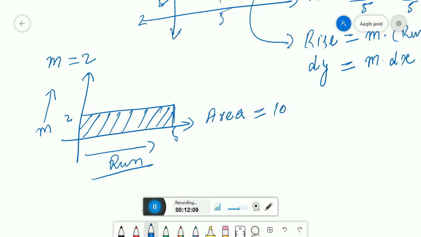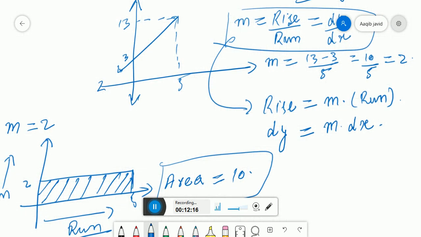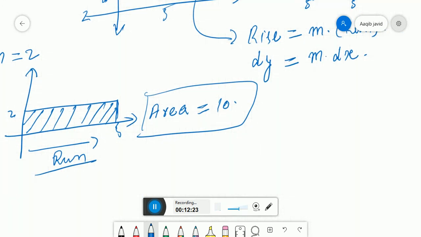Hope you get it. But let's remind ourselves where this 10 came from in the last scenario. This 10 was equal to 13 minus 3, that was the rise. If we go back to this problem, this will be equal to 13 minus 3 from the first scenario, equals the gradient 2 times dx, which equals 5 minus 0.